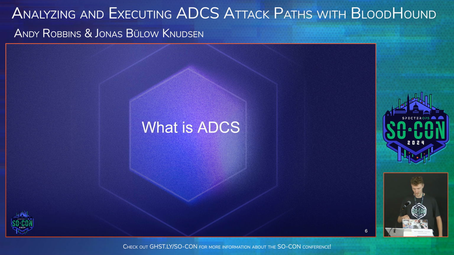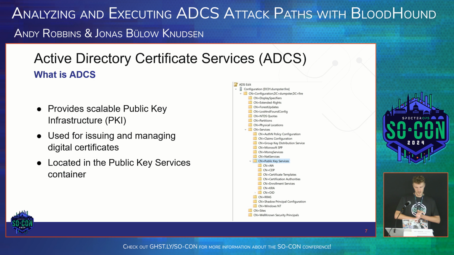So what is ADCS? Active Directory Certificate Services is Microsoft's implementation of a PKI environment. It's used for issuing and managing digital certificates in Active Directory. And it is located within this container called public key services in the configuration naming context.